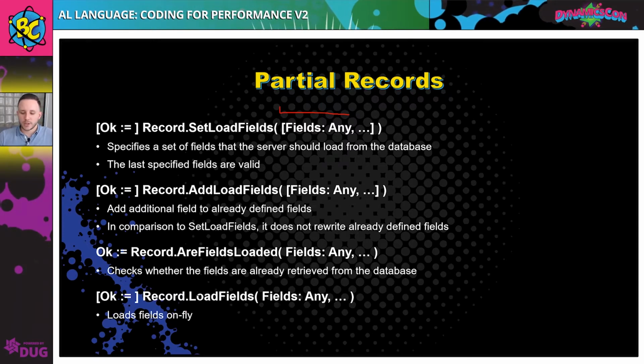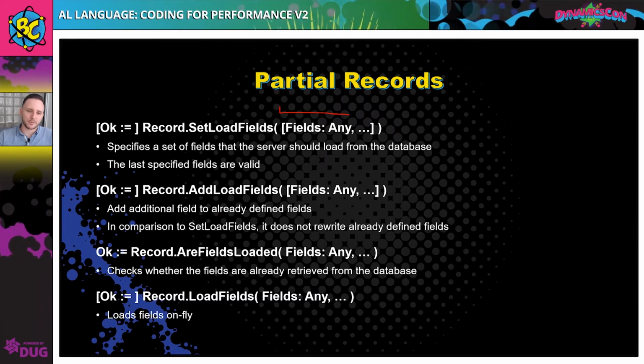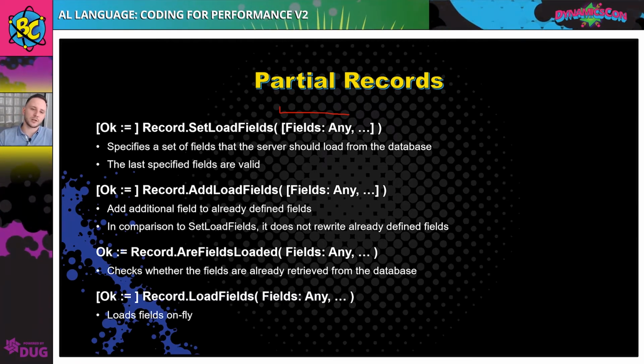It can be useful, but I cannot find an example where it is, because usually if you are using partial records, you are going through more than one record, and then it's almost every time better to use SetLoadFields and AddLoadFields instead of loading just one field, because this always makes a request to SQL Server to return data if the fields are not loaded already.